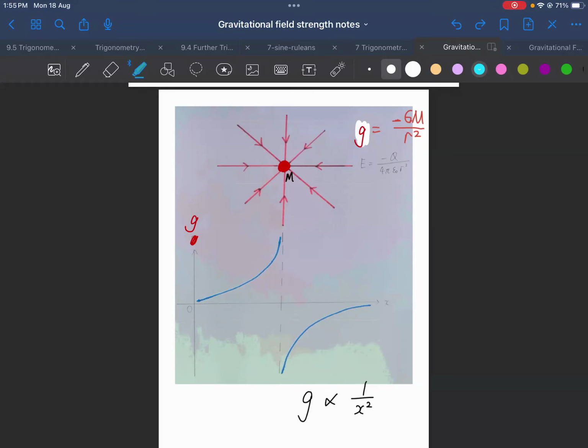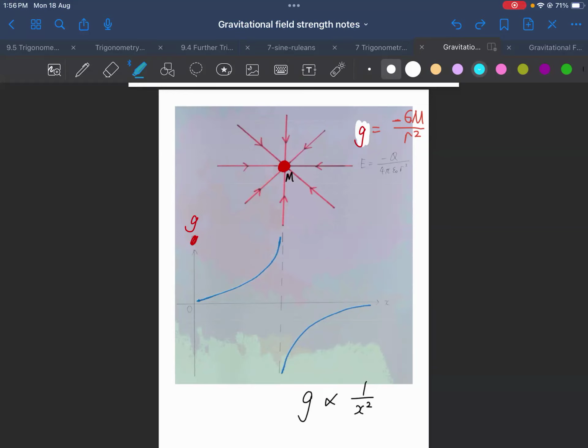It has a big magnitude. But if you are so far away from the point mass, then the magnitude of the gravitational field strength will be approximately equal to 0.